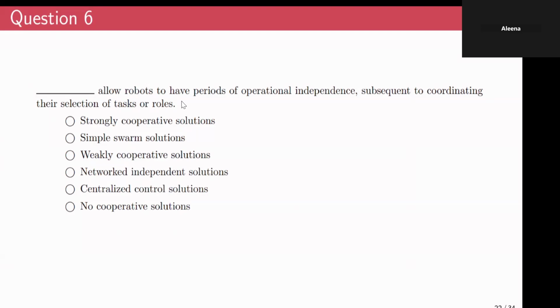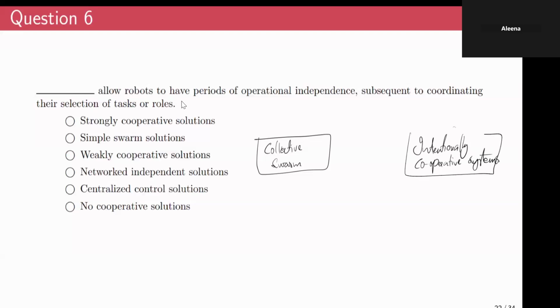So here as well, I think we have seen collective swarm systems, and the other classification was intentionally cooperative systems. And under here, if you can recall, we discussed two such cases: weakly coordinated and strongly coordinated.